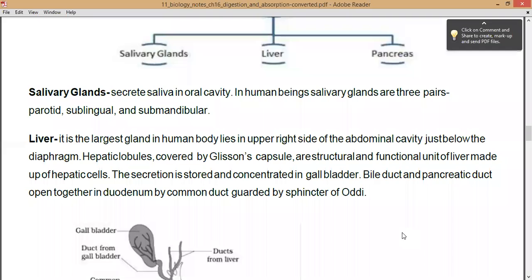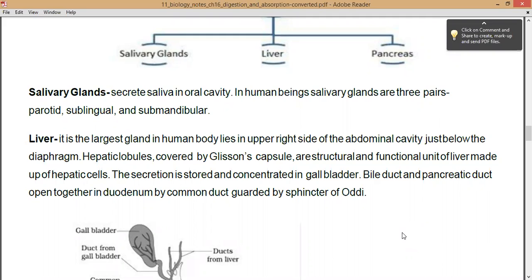The bile duct and the pancreatic duct commonly open into the duodenum, known as the hepatopancreatic duct or common bile duct, and this is guarded by the sphincter of Oddi, the sphincter muscles that regulate the passing of the bile juice as well as the pancreatic juice.